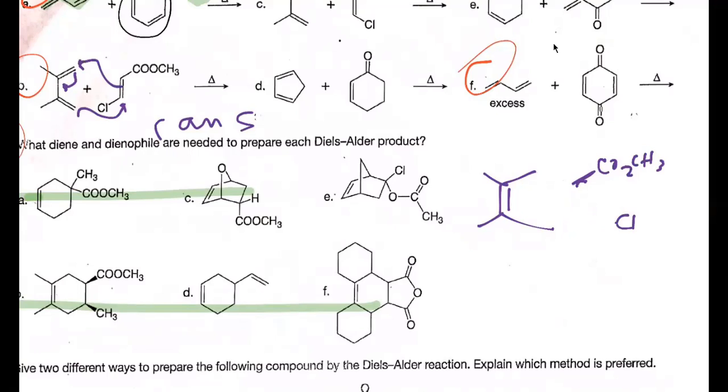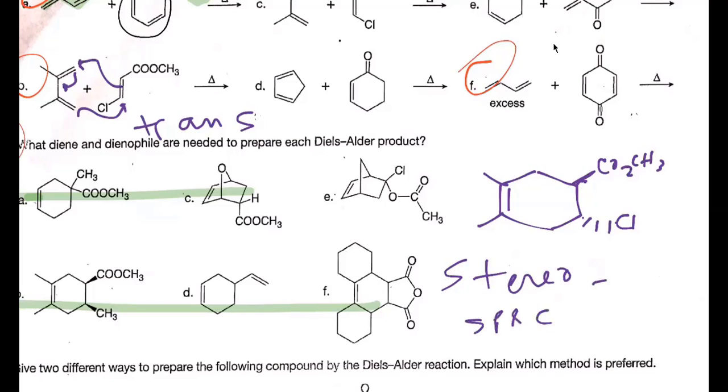Let me fix that. All right, so it doesn't matter which one, right? Either one of those could be wedged or dashed, as long as you show that it's trans, right? And again, it has to be trans because the reaction is stereospecific, right?